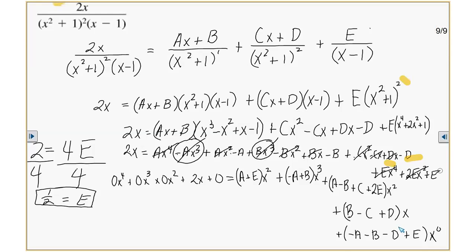That takes care of that, that, and that. So 0 is equal to a plus e, and e is 1/2, so a is negative 1/2.